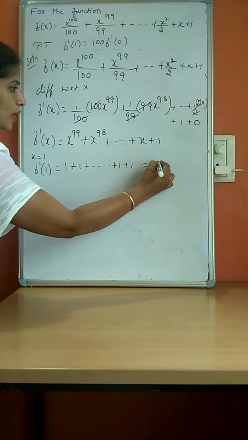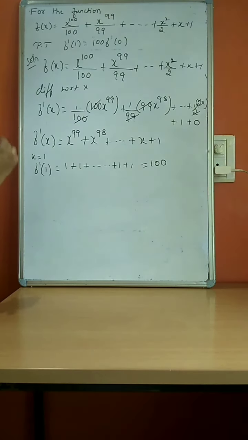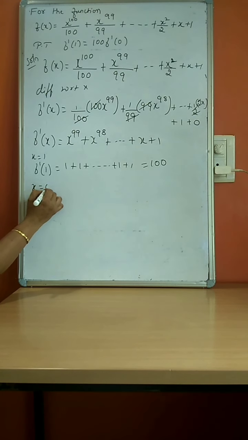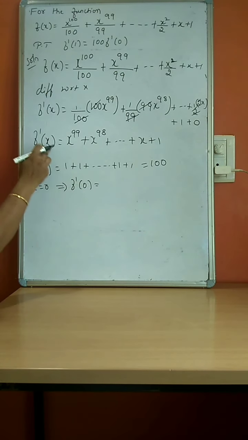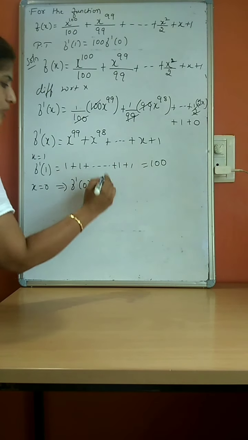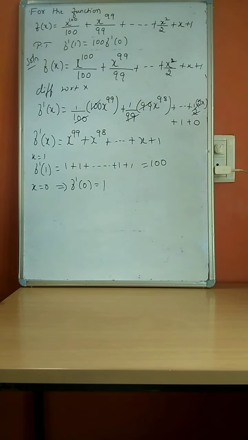This must be equal to 100. When x is equal to 0, if you put x is equal to 0, what we get? F dash of 0 must be equal to, if you put x is equal to 0, all terms become 0. The remainder is only 1.